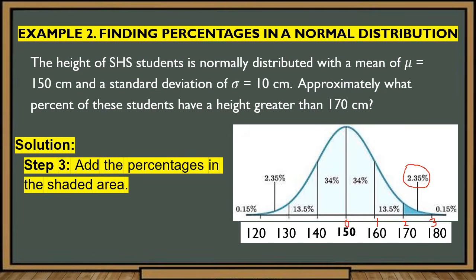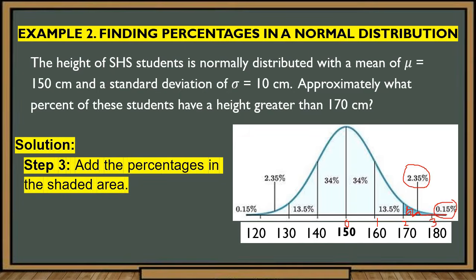And from 3 onwards, this covers 0.15% of the data. Since this part is the shaded region, in this region falls the data which are greater, or the heights which are greater than 170.